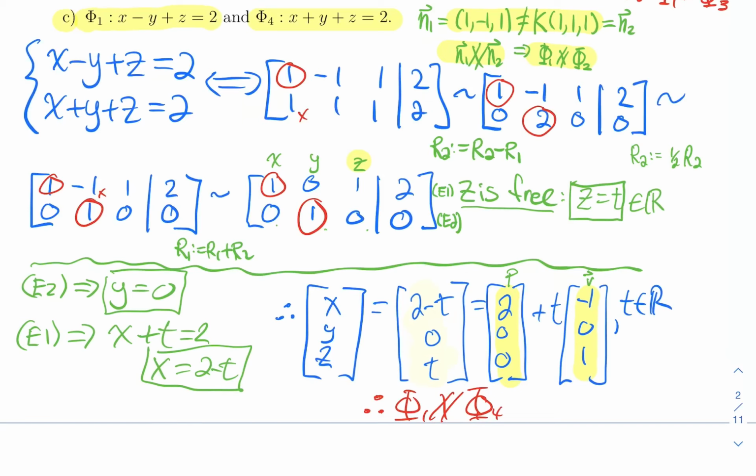And this is one of the reasons why I'm pushing you to write the general solution in canonical form, because it gives you a very nice link between the geometric description and the general solution.